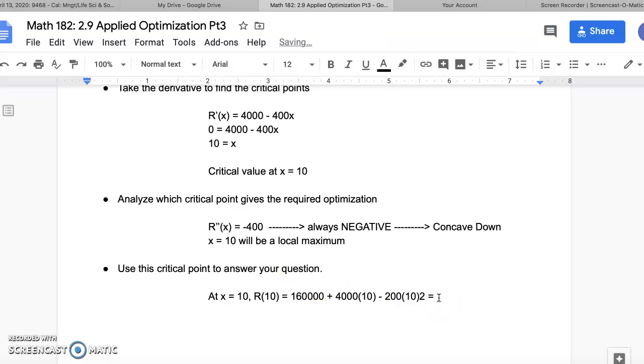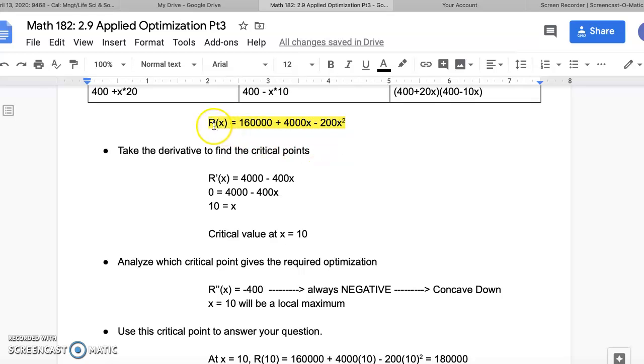And that'll turn out to be, if I do all the math here, 160,000 plus 40,000 is 200,000. And then 200,000 minus 20,000 is 180,000. And so that will be our local maximum.